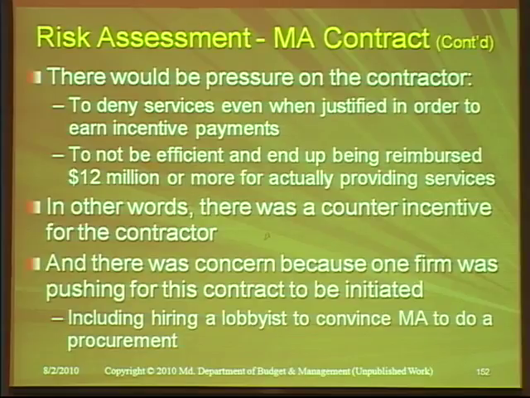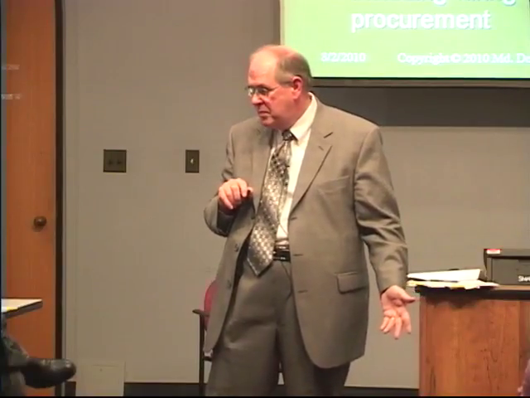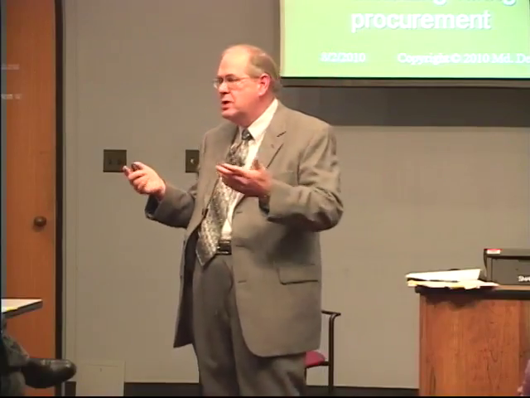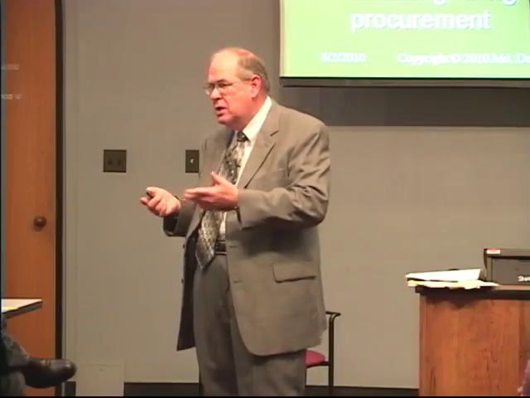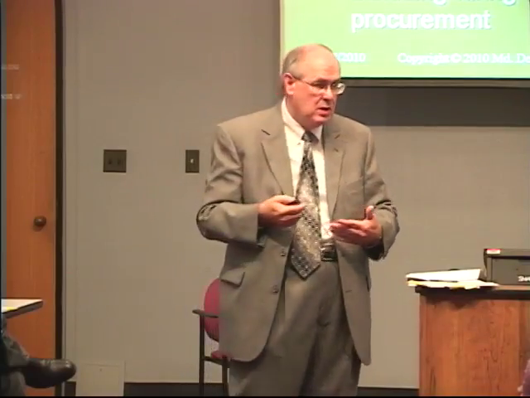If we're paying $12 million and we give you, let's say, a 10% incentive if you come in under $12 million, well, maybe you'd rather make the $12 million than the 10% of what you didn't do. That may not be perfect logic, but that's the kind of thing we were thinking. If a vendor simply continued what was going on now, they were going to make more money potentially than if they tried to be efficient.